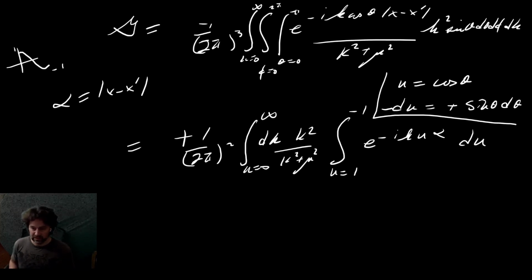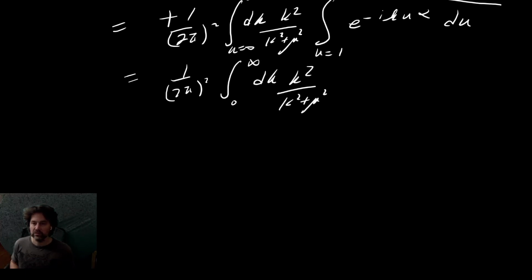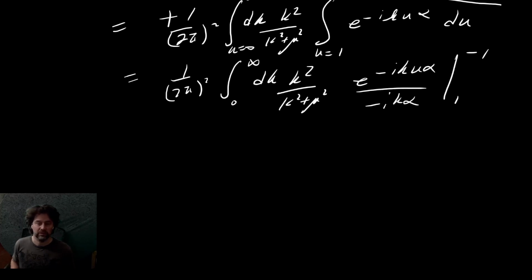We can go and evaluate this integral. This is a trivial integral, just an exponential integral, and we get 1 over 2 pi squared, integral from 0 to infinity dk, k squared over k squared plus mu squared, e to the minus I k u alpha over minus I k alpha, evaluated between 1 and minus 1.